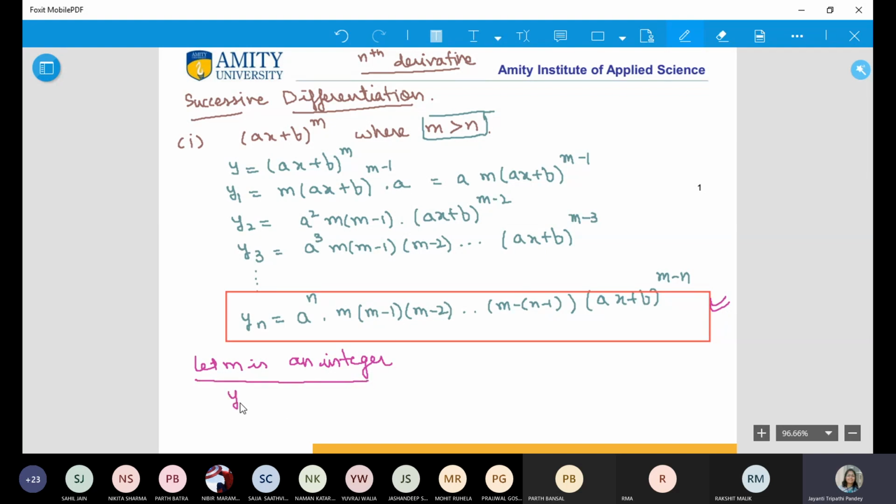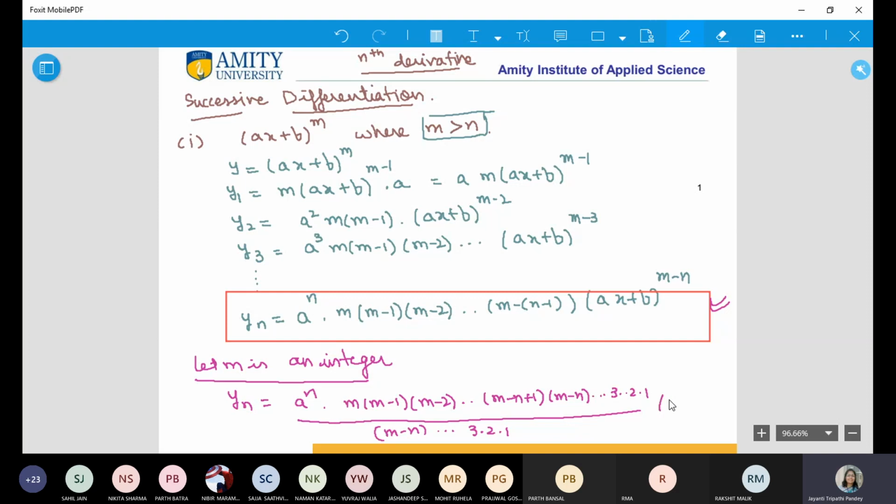If m is an integer, see how we can write yn. What I am doing, I am multiplying it by m minus 1 till 1, and dividing by the same. Right? Yes, ma'am.